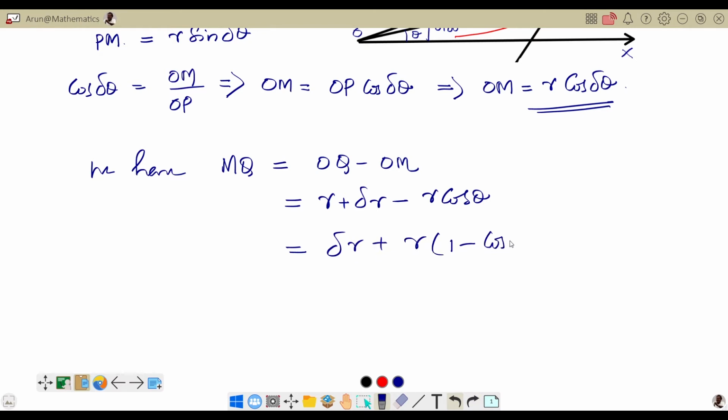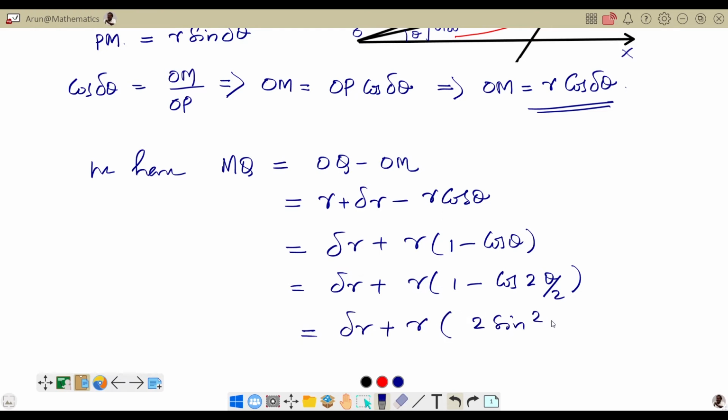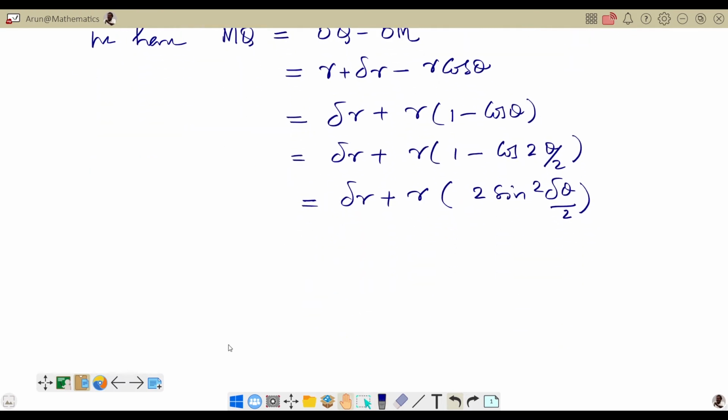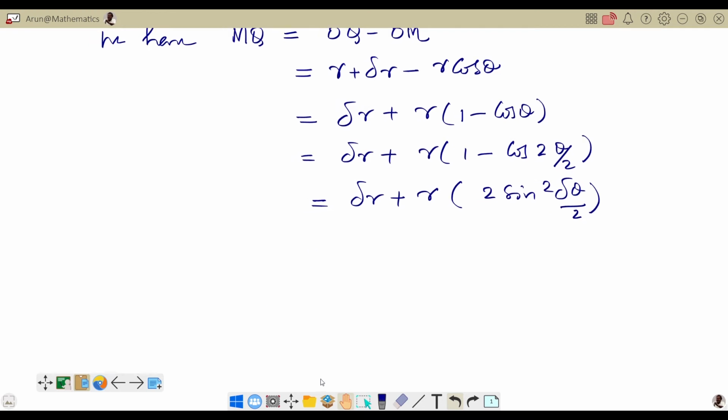So this is delta r plus r into 1 minus cos 2 into delta theta by 2, which is delta r plus r into 2 sine square delta theta by 2. So this is delta r plus 2r sine square delta theta by 2. So this is your MQ.